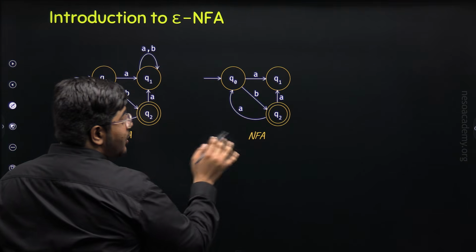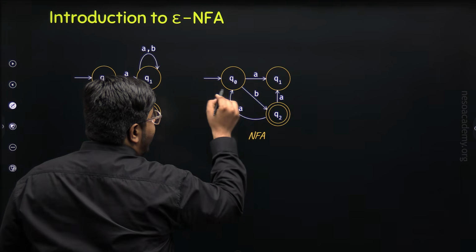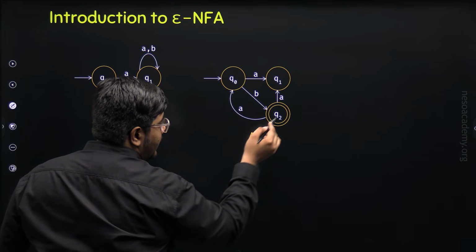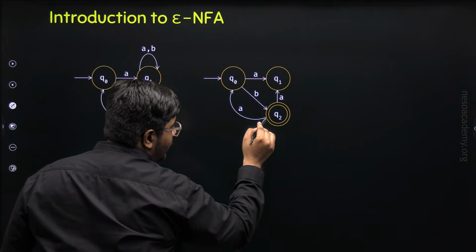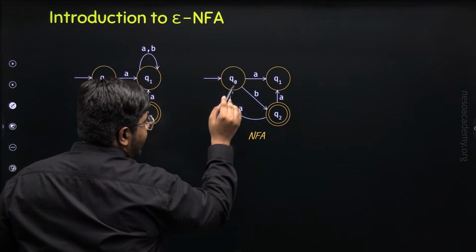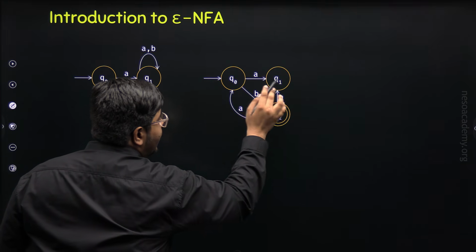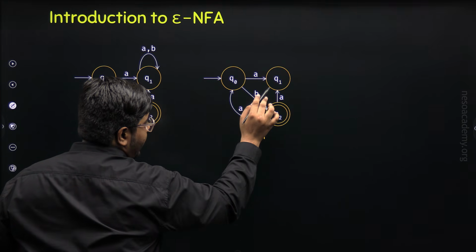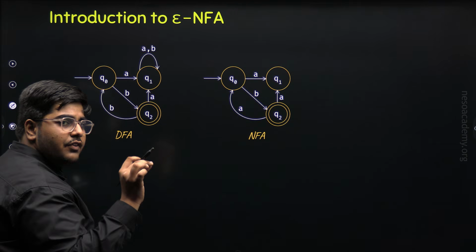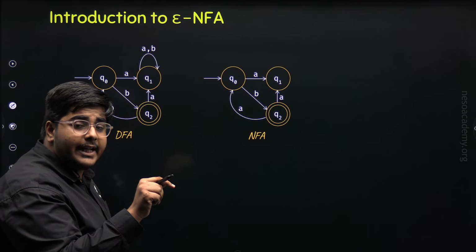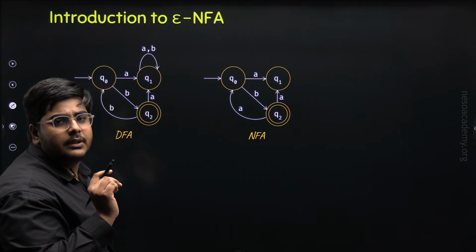And in case of NFA, for every current state, there can be more than one next states possible. Like here you can see for the state Q2, we have one next state as Q0 and one next state as Q1. So there are two next states for the same input symbol A. That means in case of NFA, we can have more than one next states for the current state on the same input symbol.